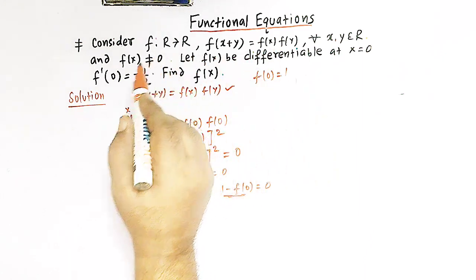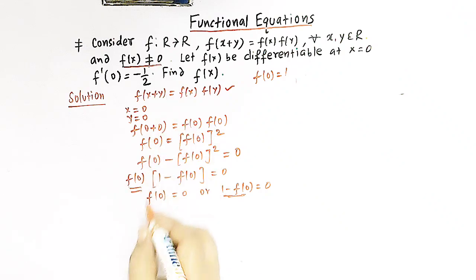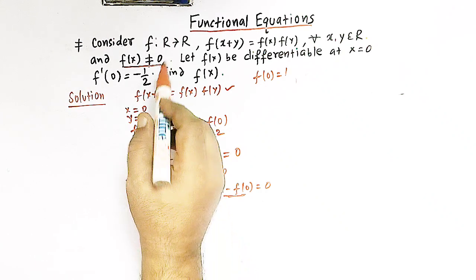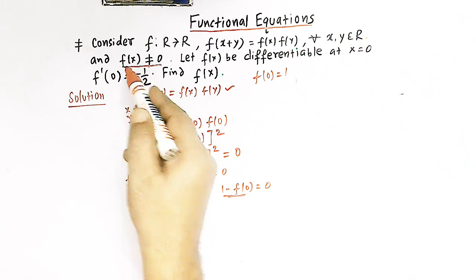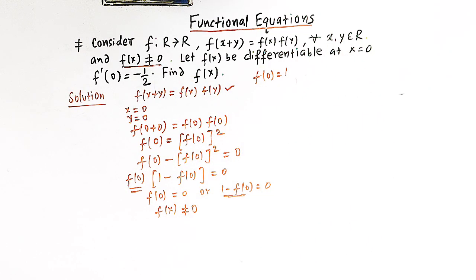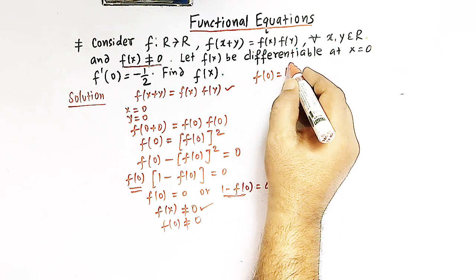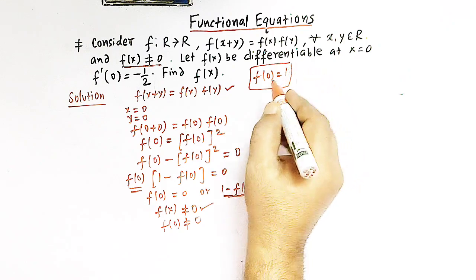But in the given problem f of x is not equal to 0 for any x belonging to the set of real numbers. So f of 0 cannot be equal to 0 due to this condition. Hence we have to accept f of 0 is equal to 1.